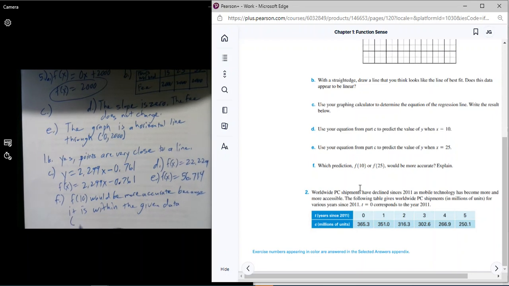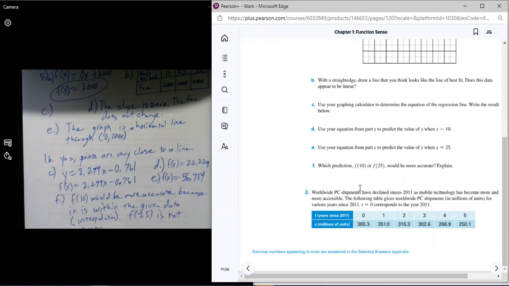Then you could put in parentheses, interpolation. Okay, and we know f of 25 is not, and that'll be extrapolation.